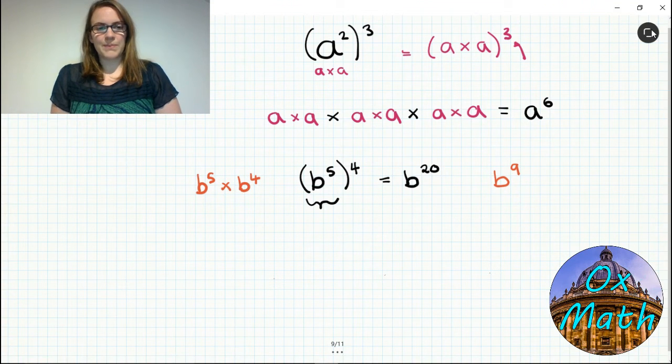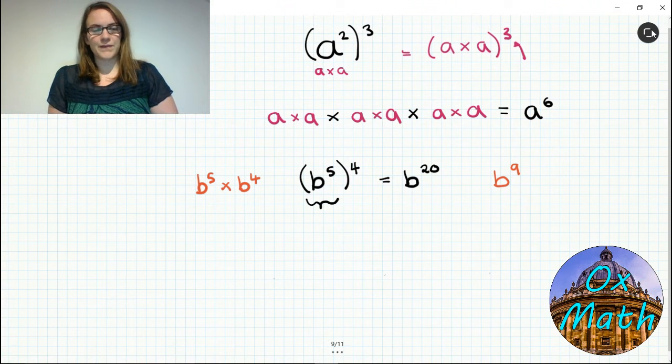We are not using b 5 times in a multiplication and then 4 more times in a multiplication. We are using b 5 times in a multiplication, and we are doing that 4 times. So we need to multiply the 5 and the 4, not add them.